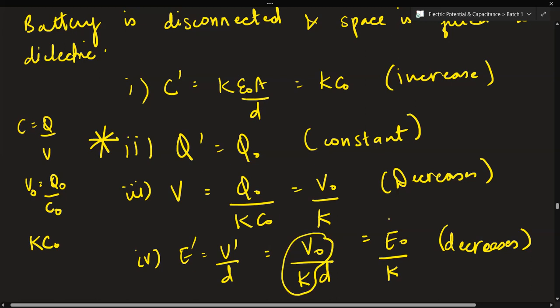So these are the points you have to remember. Capacitance increases in both cases, battery connected or disconnected, from the original air one. Potential remains same in battery connected, potential decreases in battery disconnected. Charge remains same in battery disconnected, but charge increases in battery connected. Electric field follows whatever happens to potential.